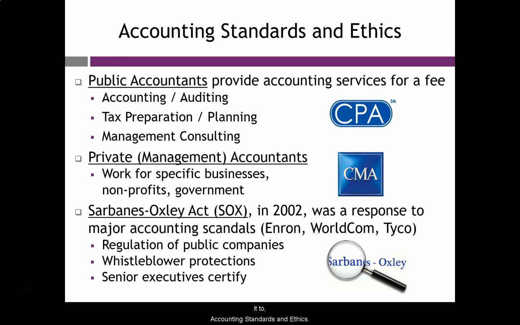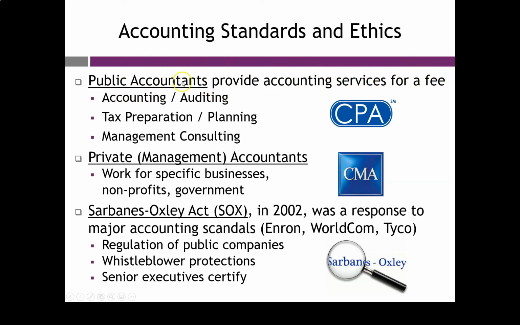Accounting standards and ethics. So let's break it down into the different types of accountants there are. Because we started the chapter talking about management accountants that are internal and financial accountants that are external. So public accountants are those that work in the financial accounting field. Okay, that's the big four. They provide accounting services for a fee.